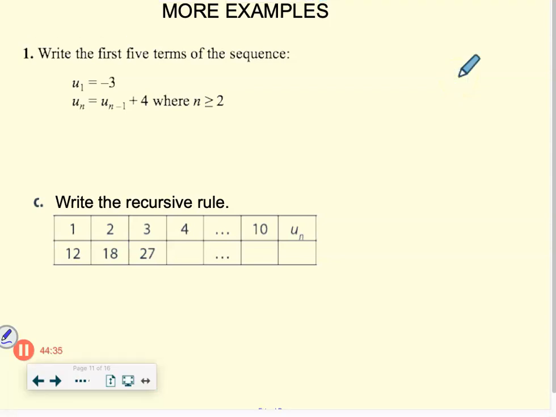All right, one more time. Beautiful. How did you get those? You add 4 to each term. Any questions on that one? Did you all record it? What kind of sequence is this? Arithmetic. Arithmetic, you add. A's go together.